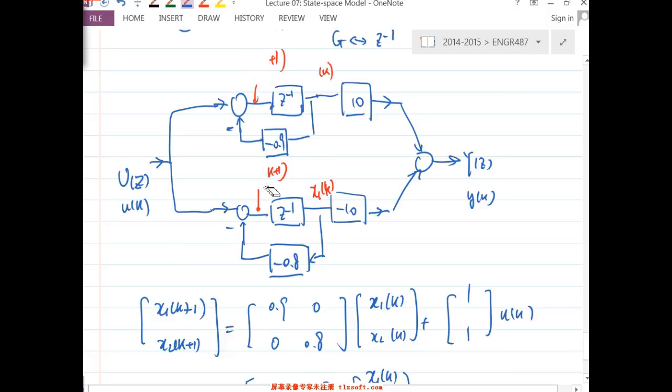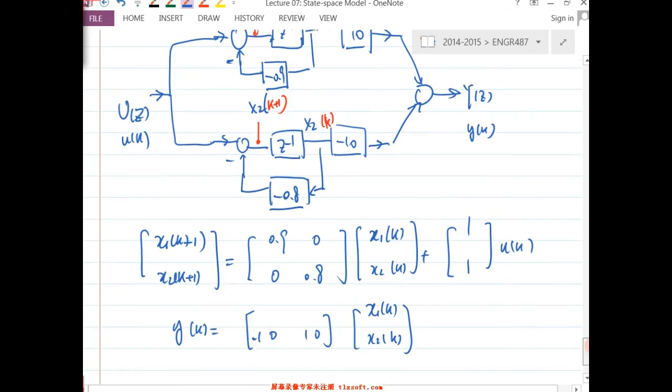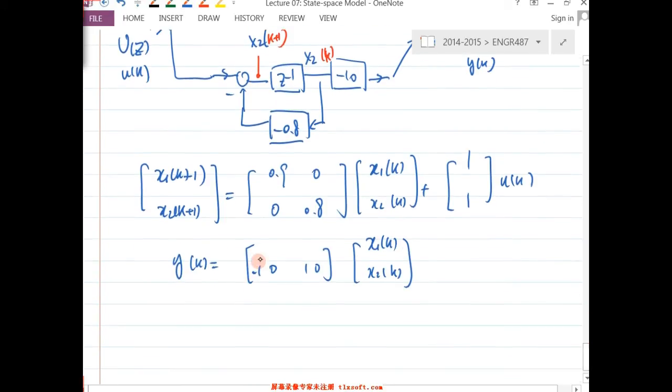I'll just change this to x1 here and x2 here. So now you can't hold me accountable for that anymore. I guess now I have to change this back to negative. Good.